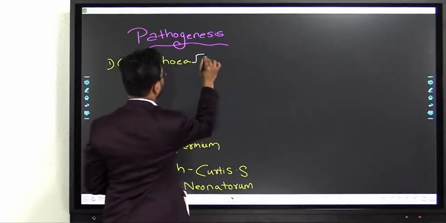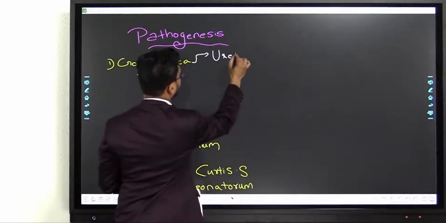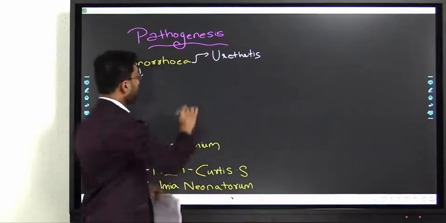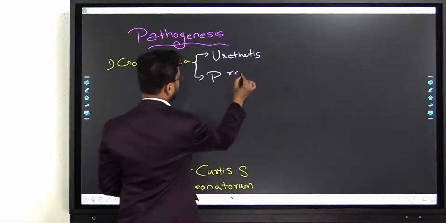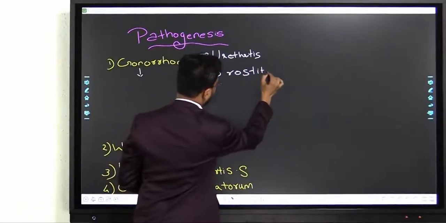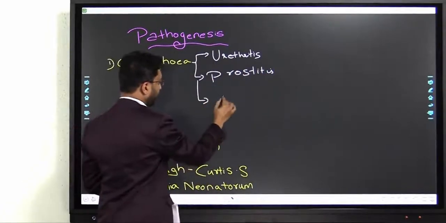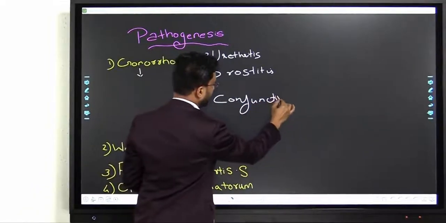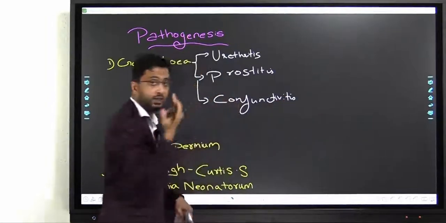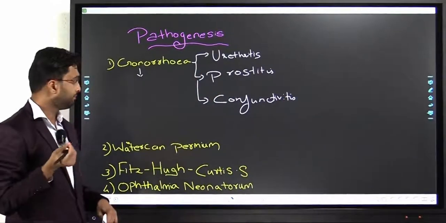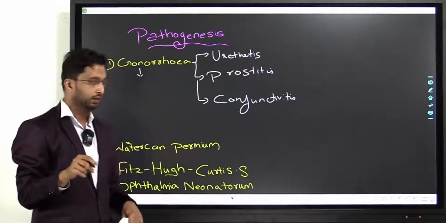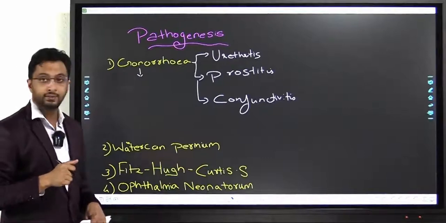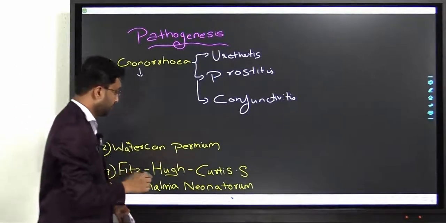It causes a triad of urethritis, prostatitis, that is inflammation of the prostate gland, and conjunctivitis. How does conjunctivitis come here? When it is sexually transmitted, by touching with the fingers, the organism is transmitted from the sexual organ into the eye. So urethritis, prostatitis, and conjunctivitis is a triad of gonorrhea.